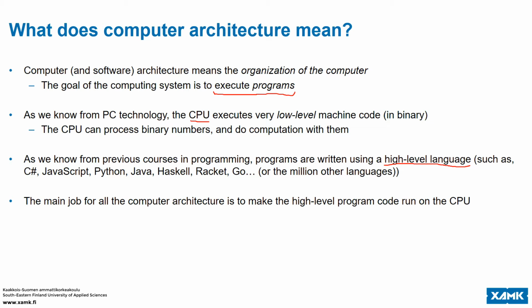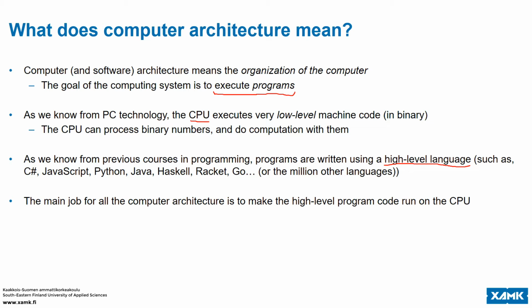And this high-level language could be something like C#, JavaScript, Python, Java, Haskell, Racket, Go, or in fact any of the other million programming languages that exist. What is similar to all of these programming languages is that they are high-level languages. We do not need to write binary code in order to make computer programs.